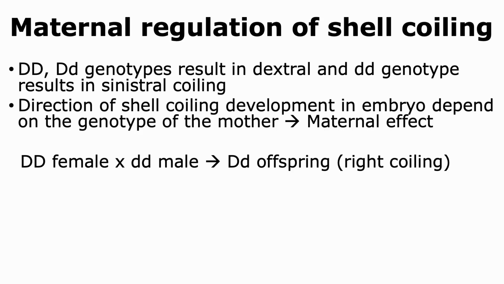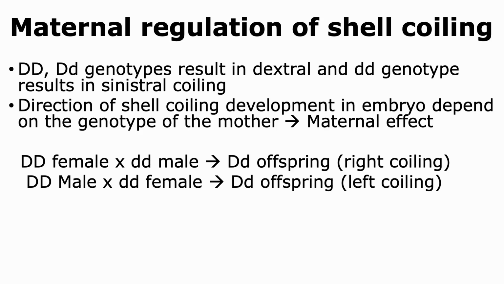Now, let us take an example where we switch the genotypes of the male and the female parents. So the male has a genotype of capital D capital D, while the female has a genotype of small d small d. Once again, in this case, all the offspring will have the genotype of capital D small d, and we should expect that they all will again show dextral coiling or right coiling. However, surprisingly, they don't. They actually all show left coiling or sinistral coiling.